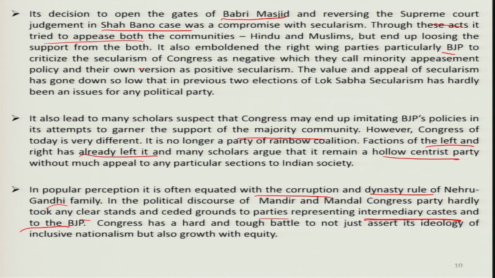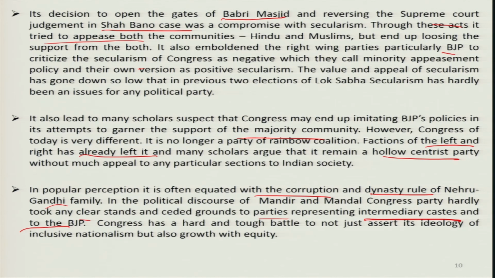So, there was a kind of crisis in terms of taking a clear stand on many of the issues, particularly in the 90s, when there was a debate around Mandal, that is, greater representation to the intermediary or the OBC, and also the Ram Janmabhoomi movement. The Congress party hardly took a decisive or clear stand.